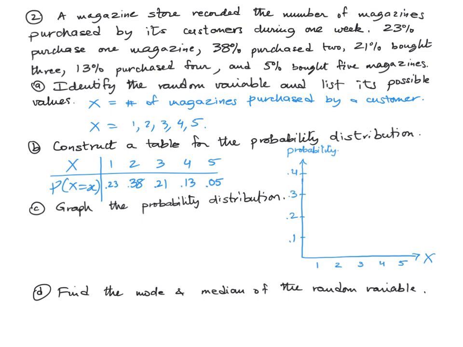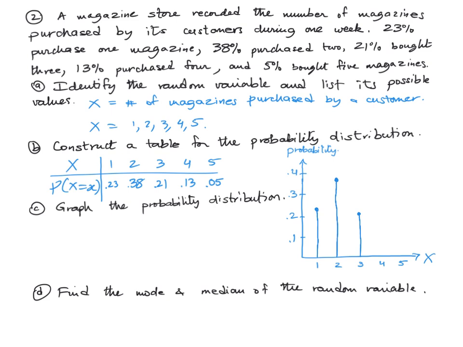So all we do is we go to the 1 and we have a spike that goes up to 0.23. And then over the 2, we have a spike that goes up to 0.38. And then over the 3, a spike that goes up to 0.21.